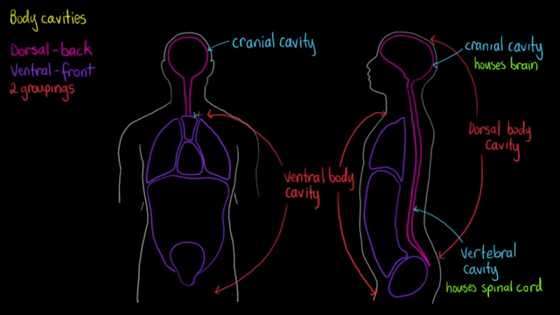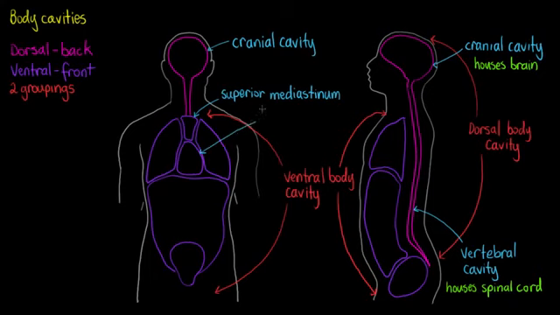Now onto our mediastinum, or superior mediastinum. The superior mediastinum is going to house and protect our trachea and esophagus, which will travel through it.